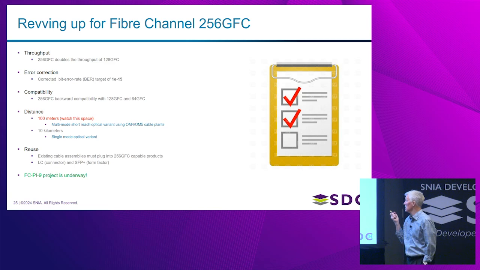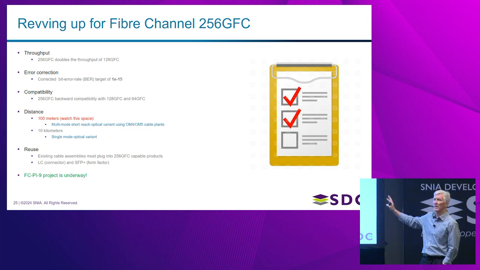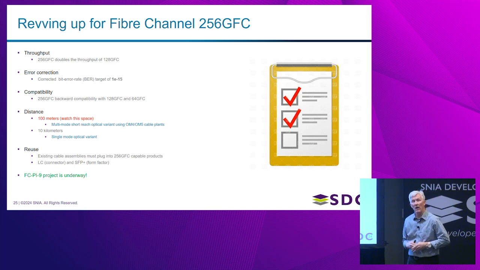We've recently been able to, one of the ecosystem partners within the Fibre Channel community demonstrated that we can get out to 30 meters with existing VCSEL type technology on OM4, OM5 cabling. That's a good sign. It's not as far as we want. We're certainly hoping that we can get farther, but that's where the research is at this point in time.